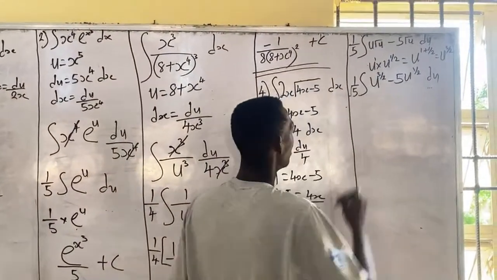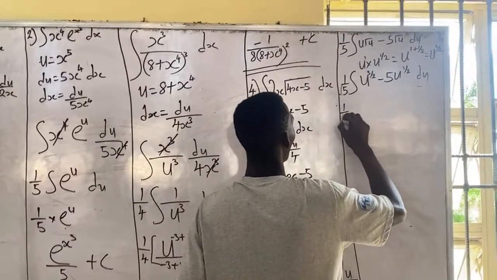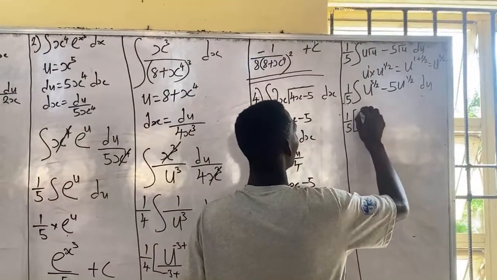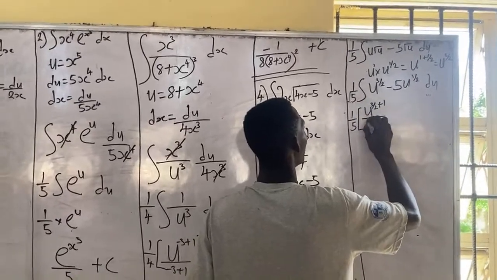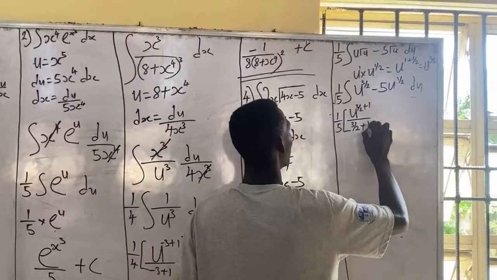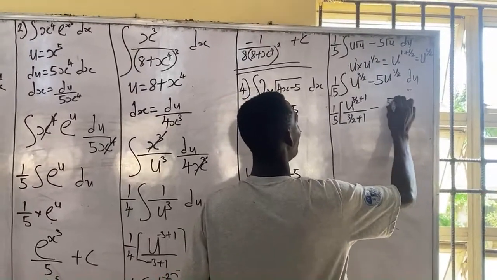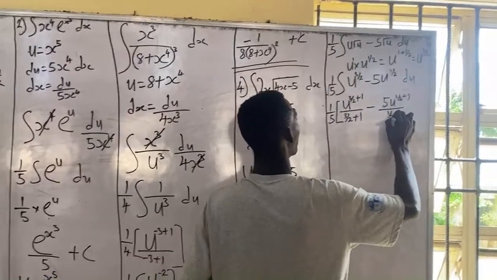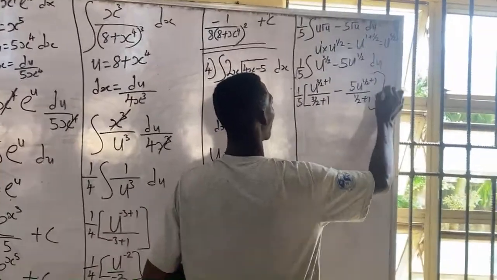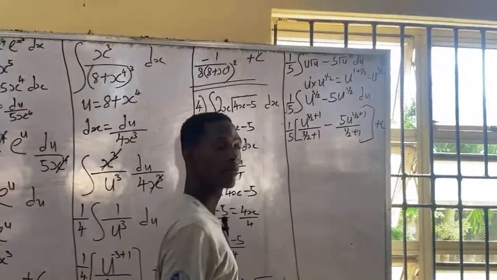Alright, how do we integrate? 1 over 5, let's open a bracket for it. This is u to the power of 3 over 2 plus 1 over 3 over 2 plus 1, minus 5 u to the power of 1 over 2 plus 1 over 1 over 2 plus 1. Close bracket, plus our c outside.